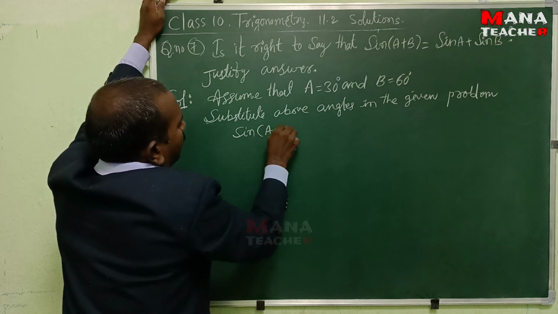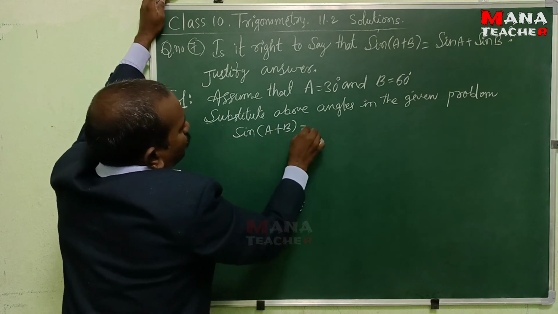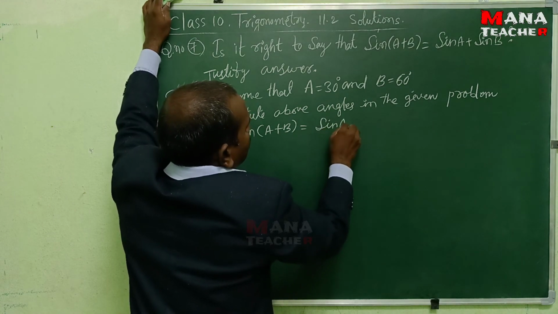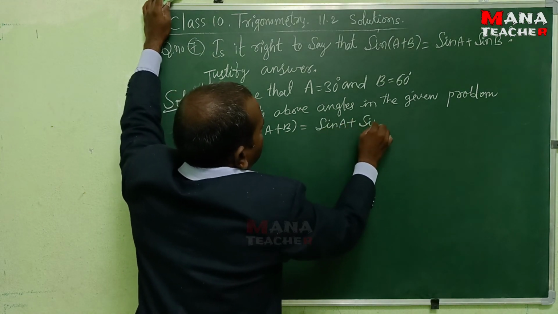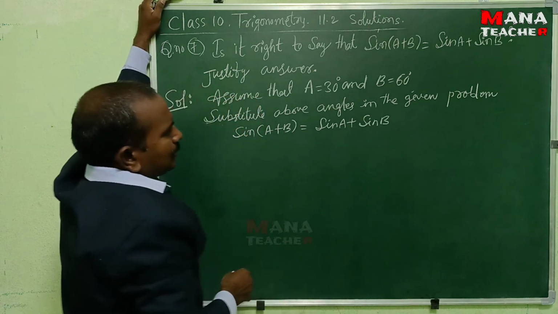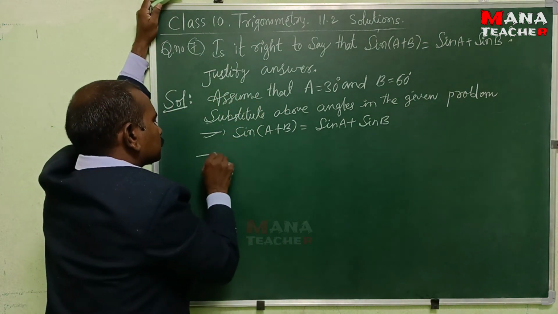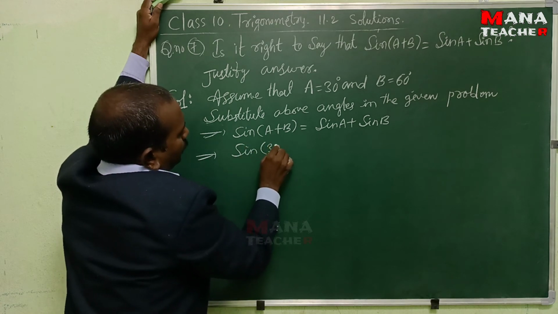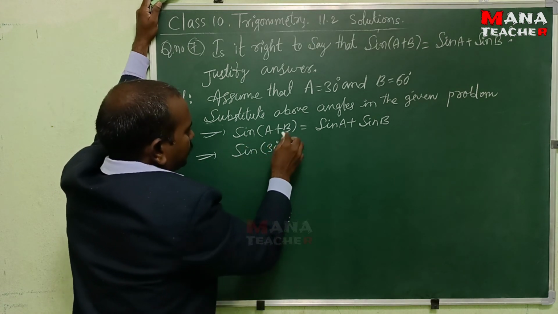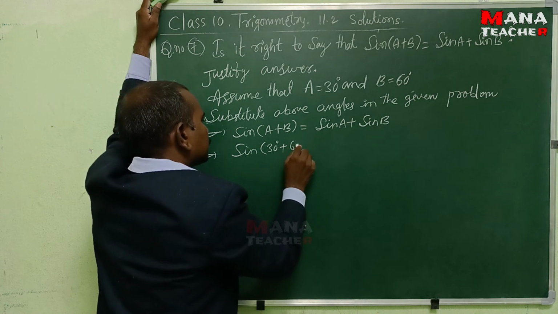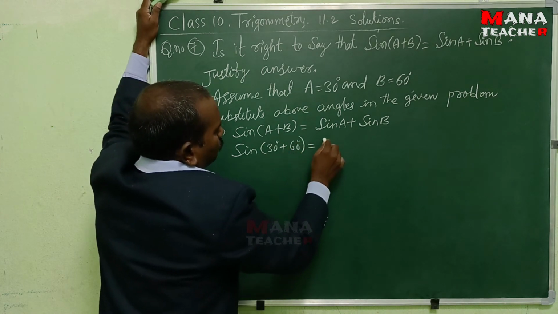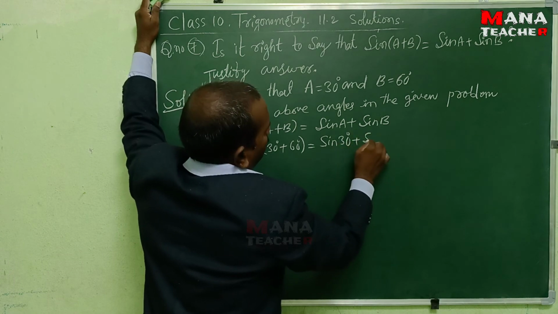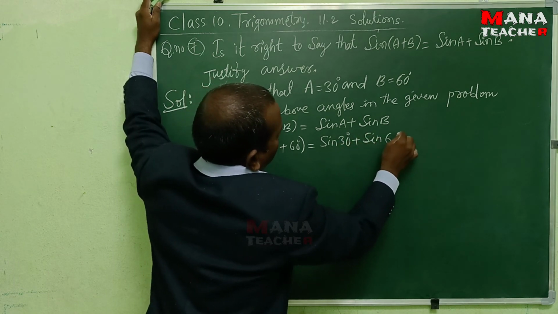Now write what is given in the problem. Sin(a plus b) equals sin a plus sin b. Now sin 30 degrees plus 60 degree equals sin 30 degree plus sin 60 degrees.